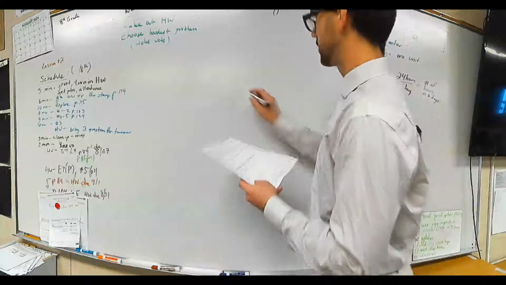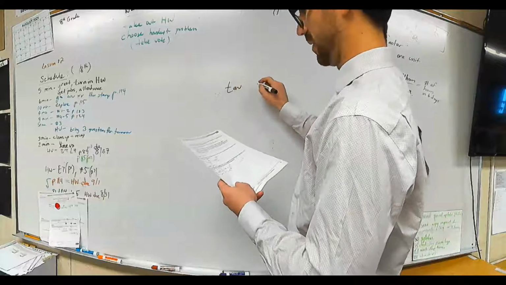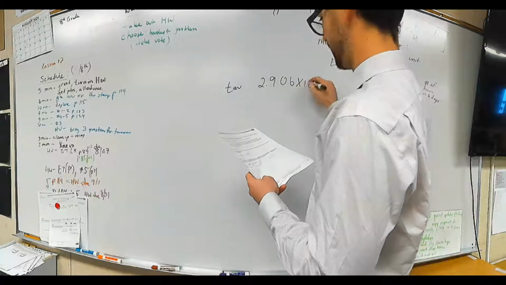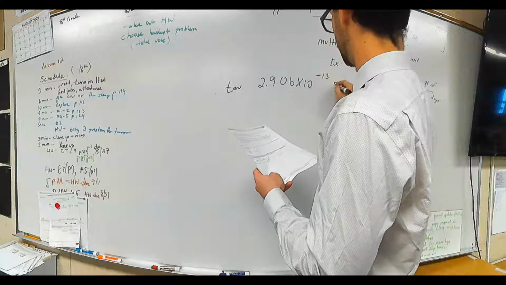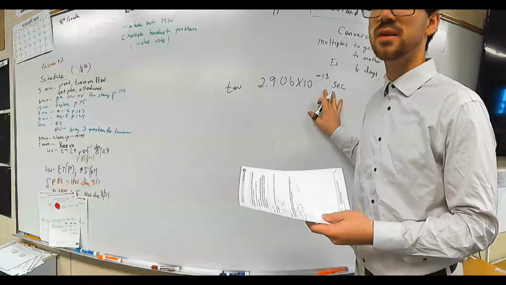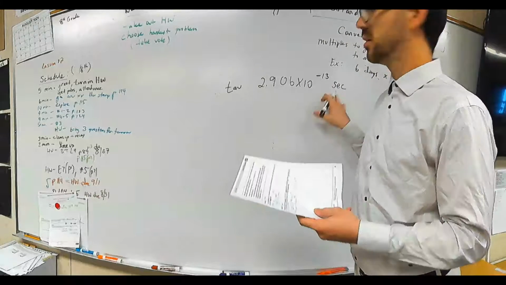Okay, so the tau lepton lasts 2.906 times 10 to the power of negative 13 seconds. So we're talking about time right now, not distance, not speed. We're talking about time.